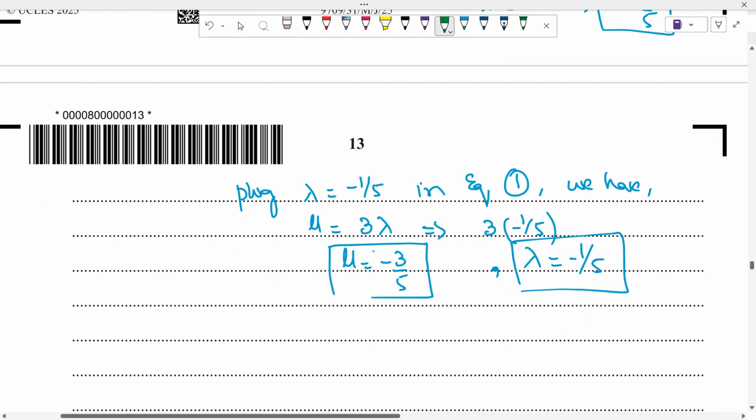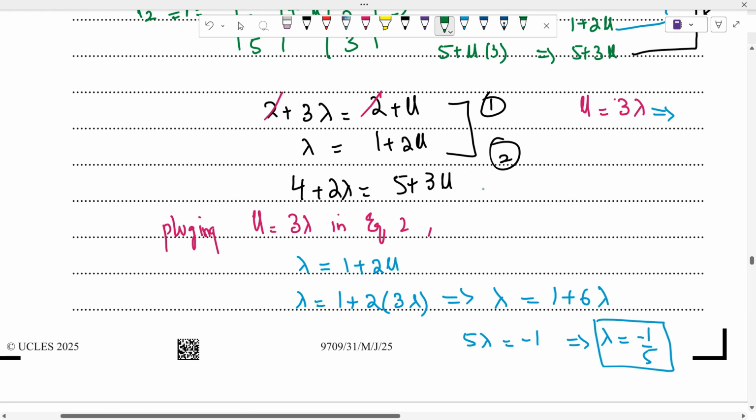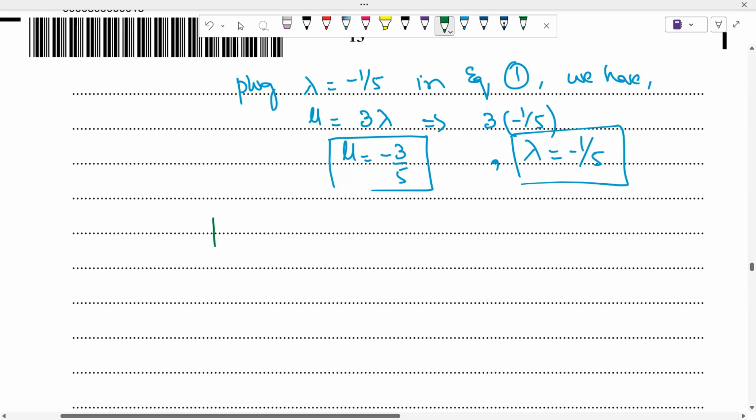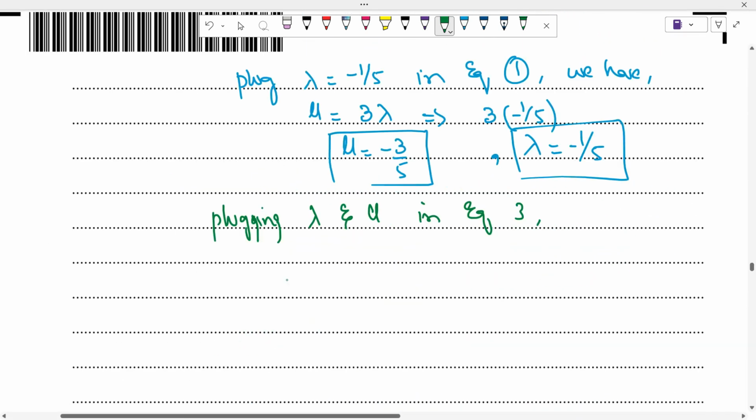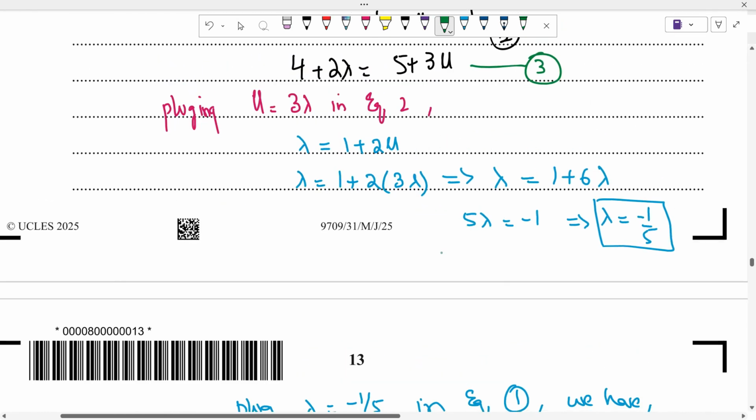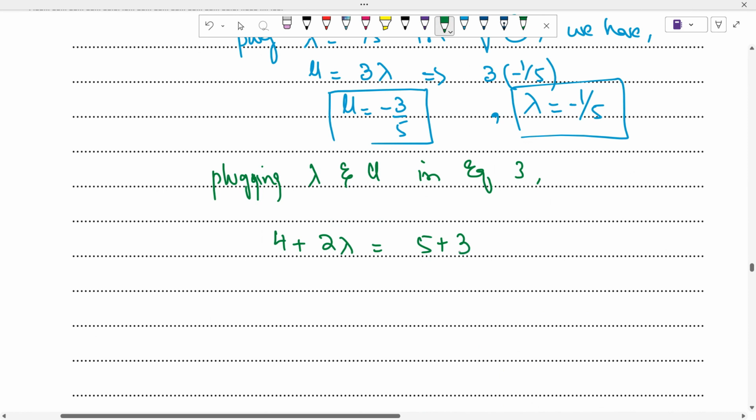Okay, we have found the value of lambda and mu. Now we will plug these values in equation 3 and check whether these values satisfy this equation or not. So we have equation 3: 4 plus 2 lambda is equal to 5 plus 3 mu.